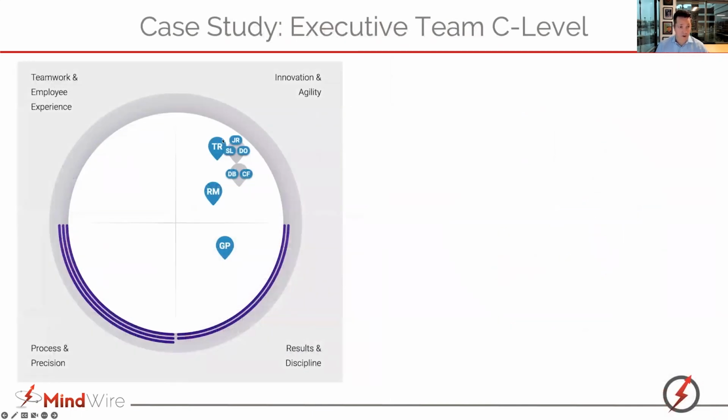an executive team, C-level, right? Real team, just changed the names and all that to protect them. Here's what the team was made up of. Notice they had 3 people in process and precision, what they needed to be good at to execute their strategy this year. And 2 over here, where they have 1 person. If you're wondering what the prediction is for this team succeeding at their strategy, I told them this, right?